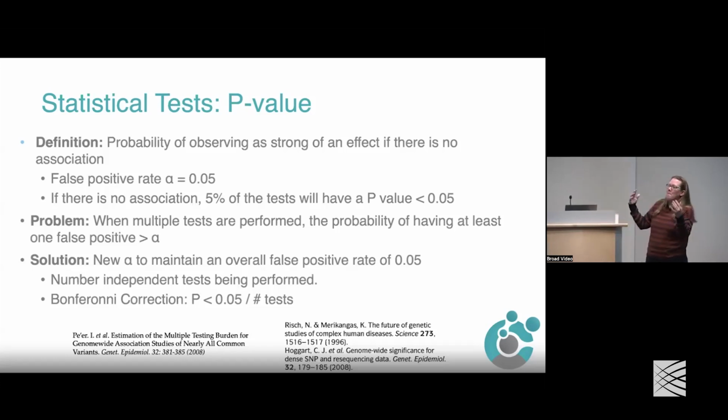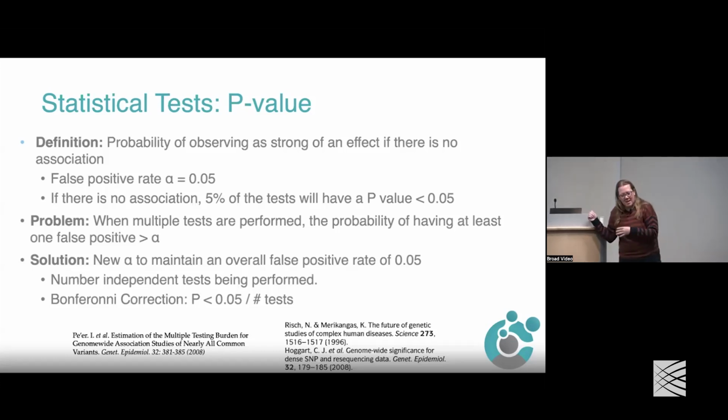There were about 1 million independent regions of the genome. So 0.05 divided by 1 million gives you around 5 times 10 to the minus 8. This is one of the origin stories of that significance threshold for genome-wide association studies, which is commonly used these days.